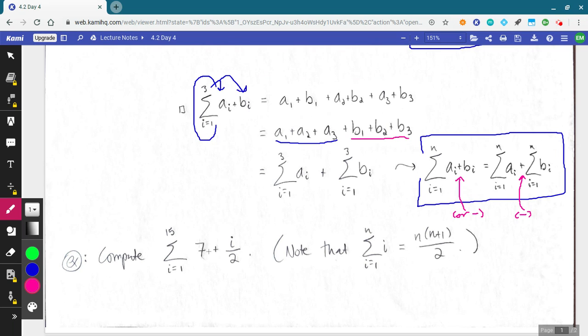A helpful formula in our work is right over here. The sum from i equals 1 to n of i is n times n plus 1 over 2. And so let's take a minute, pause the video, and see if you can work with these summation formulas to get this into a form that we know how to handle and use our formulas. I'll get us started.